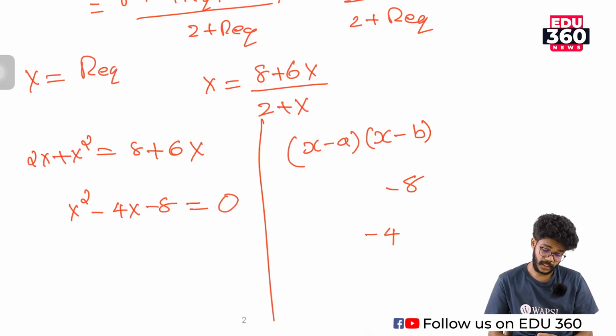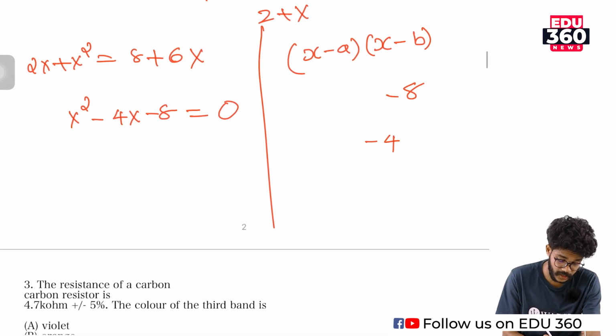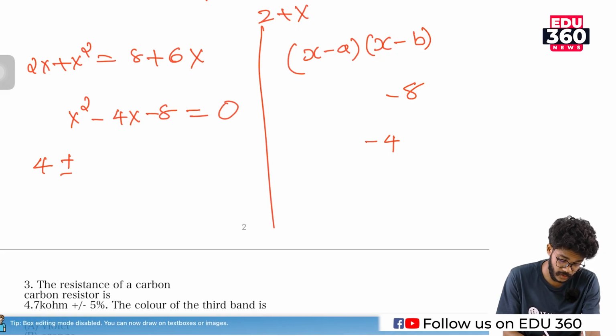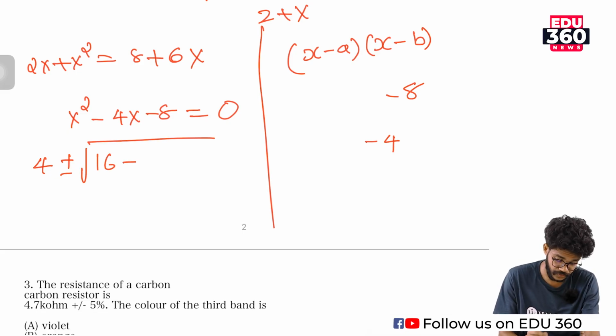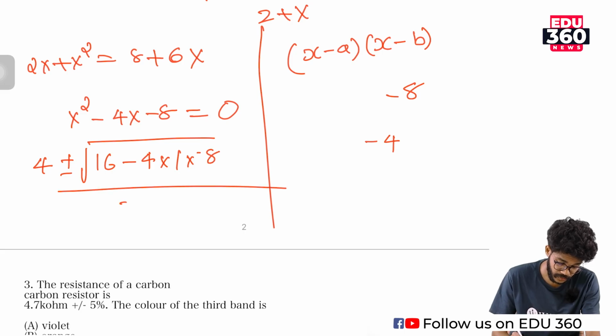Actually, we need to find them using minus b plus or minus root b square minus 4ac. Minus b is 4, plus or minus root of b square, which is 16, minus 4ac. Minus 4 into a is 1, c is minus 8, divided by 2.